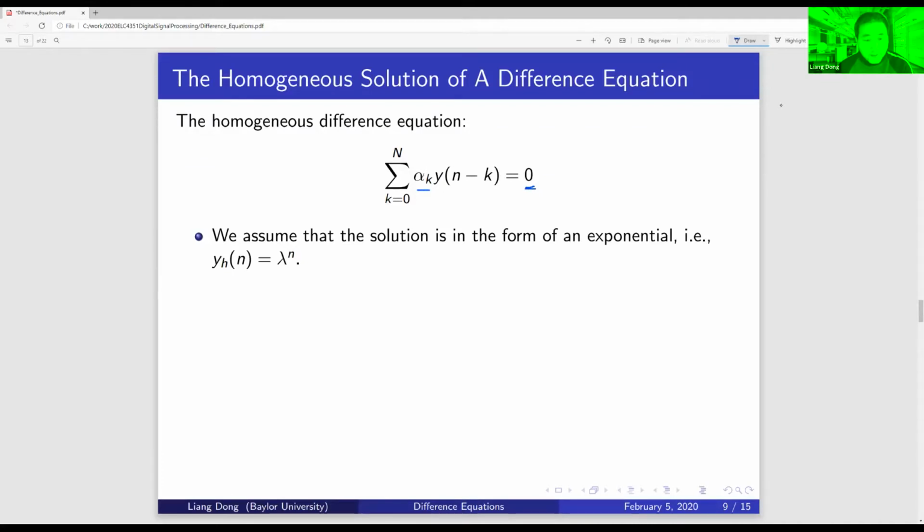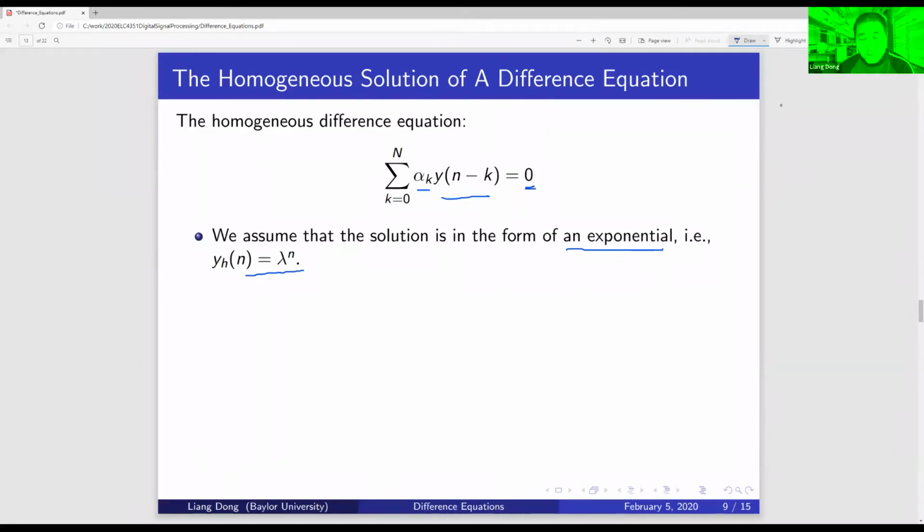As we did for the differential equation, we assume that the solution is in the form of an exponential. Here it is given without proof, and mathematically we'll find that if I have the equation in this form with delays like y[n minus 2], the solution is unique only in this format, which is a constant base lambda to the power n.